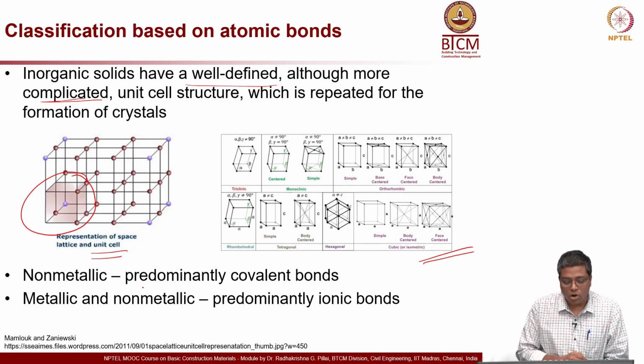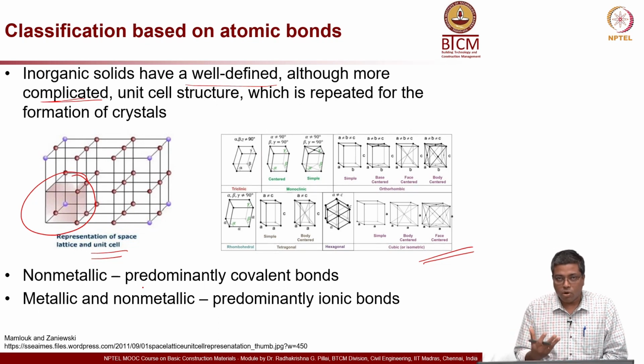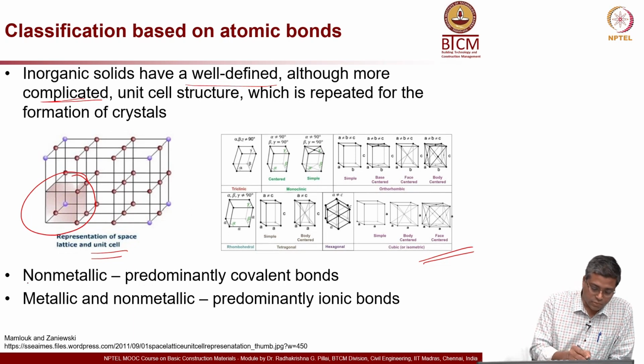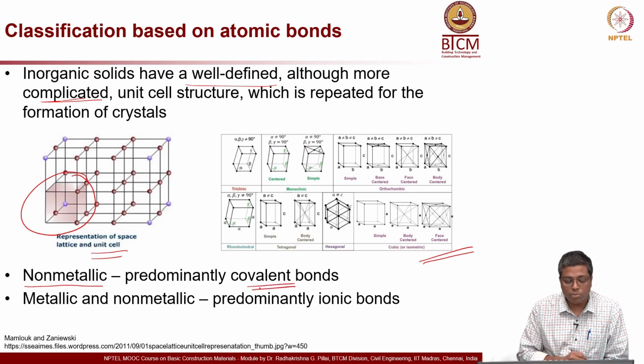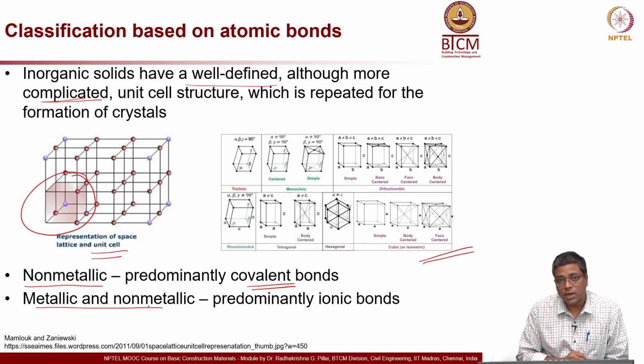Now, we said that inorganic solids can be fully non-metallic or a combination of metallic and non-metallic materials. In case of non-metallic materials, predominantly you will see covalent bonds, and in case of inorganic solids with both metallic and non-metallic materials, you will mainly see ionic bonds, okay. Just a difference in terms of atomic bonding nature.